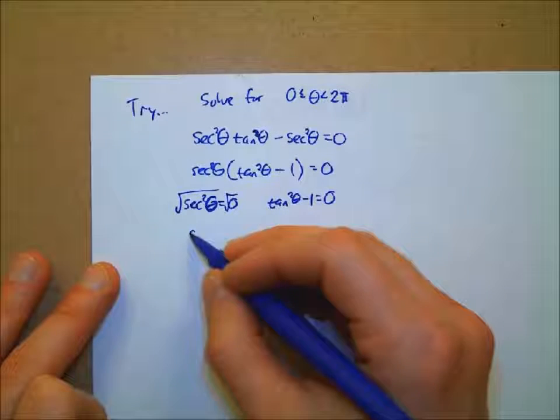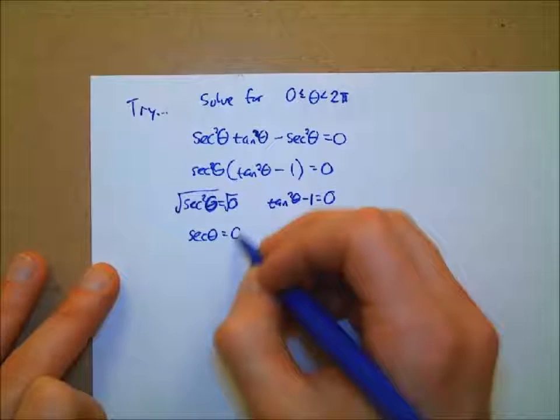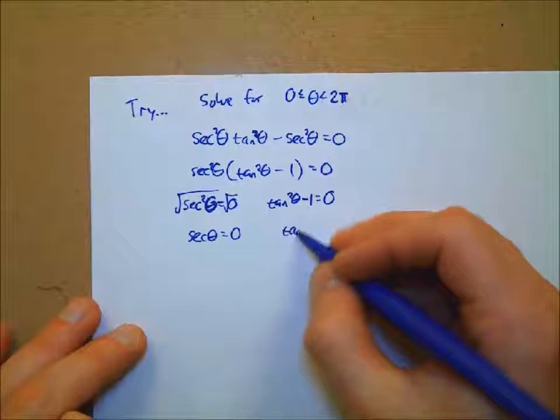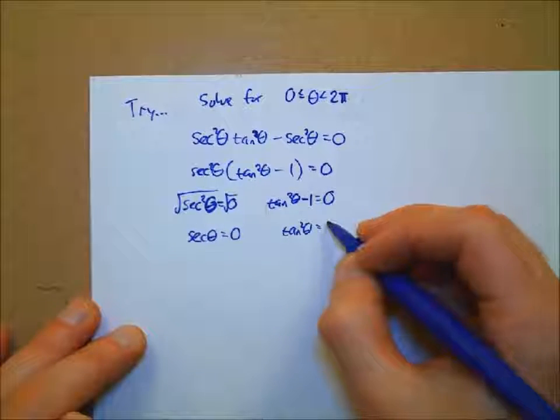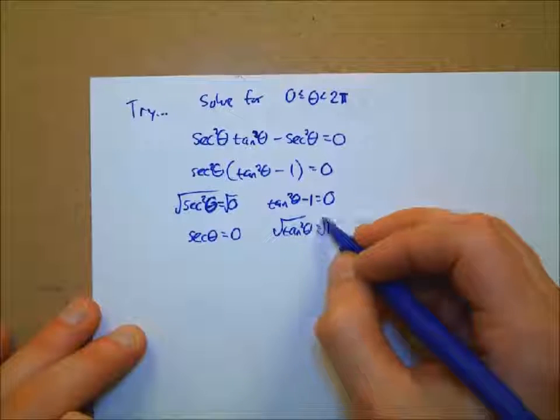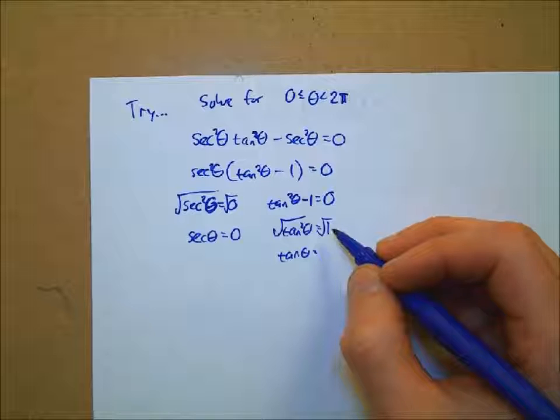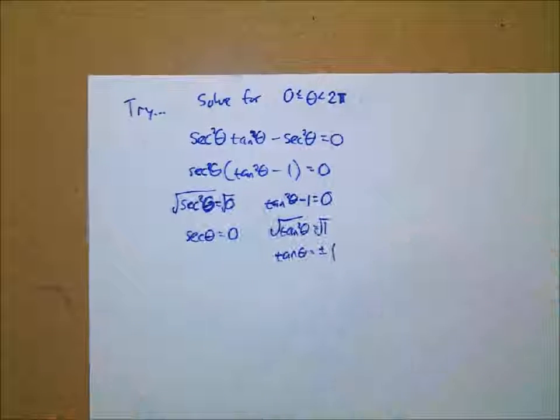We don't have to worry about a plus or minus there. We'll add the 1 over here, and then square root both sides. So we end up with tangent of theta equals plus or minus 1, since we're in an equation setting. Now we have to evaluate these trig equations.